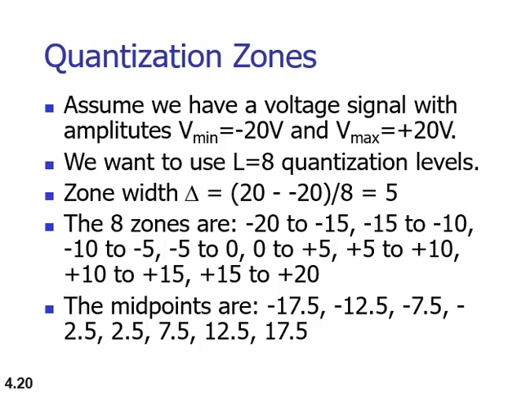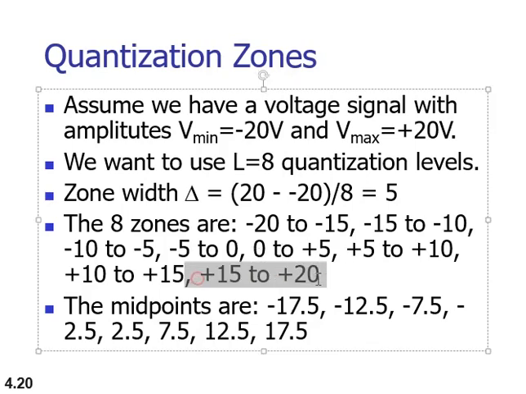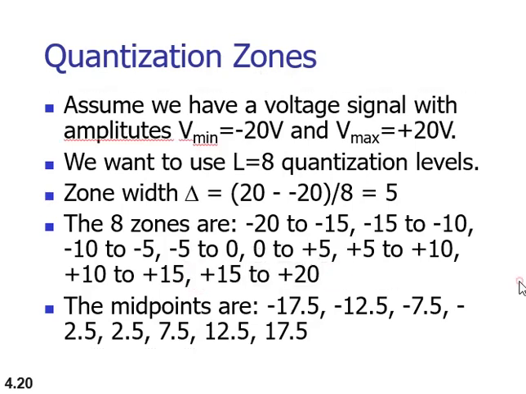So when you divide these ranges into 8 zones, we have -20 to -15 as one zone, -15 to -10 the second zone, -10 to -5, then -5 to 0, 0 to 5, 5 to 10, 10 to 15, and finally 15 to 20.